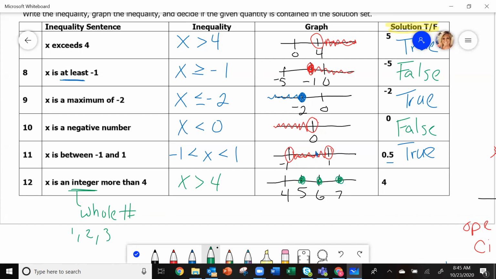When they say integer, you have to put dots. That's the difference between continuous and discrete. Integers are discrete data because they are specific points. All those other ones that have the shading are continuous. Now, is 4 a solution? Did it say it was equal to 4? No, so we will write false.